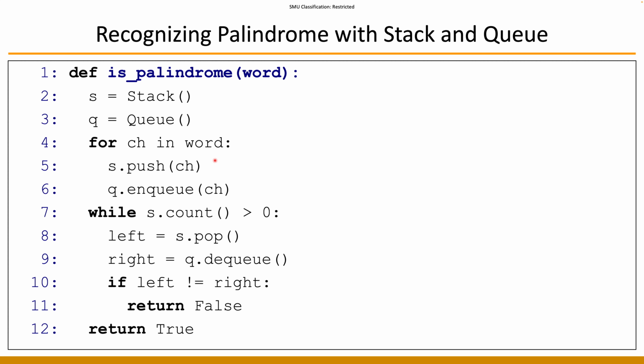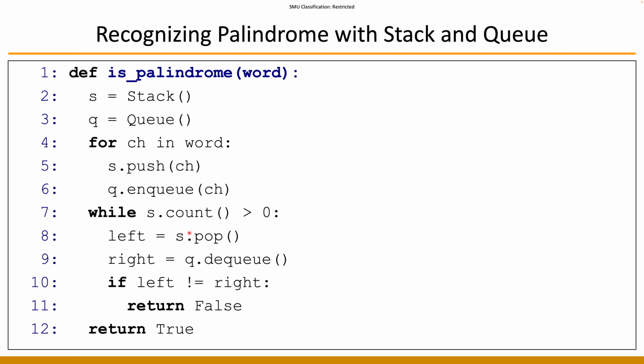We create two data structures, stack and queue. The first thing that we do is insert each and every character from the word into the stack and also into the queue. It's just that the method we use will be different. One is push, the other is called enqueue, right? And then after that, we remove elements one by one.